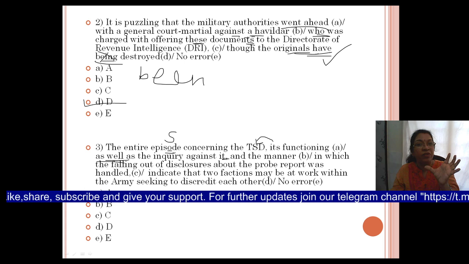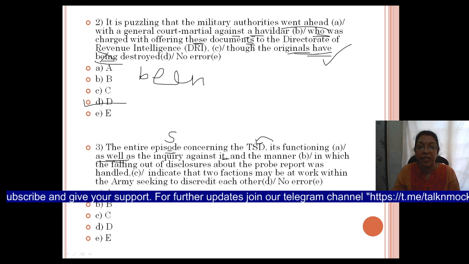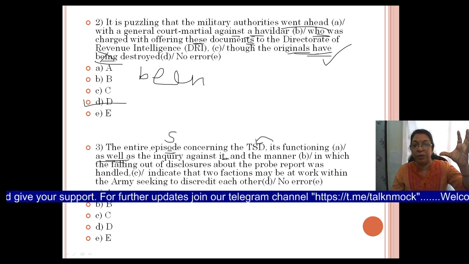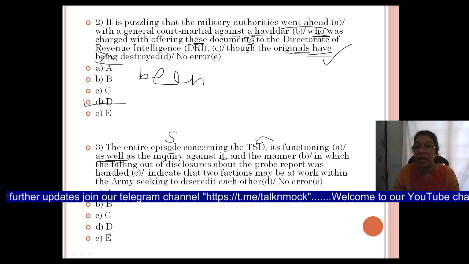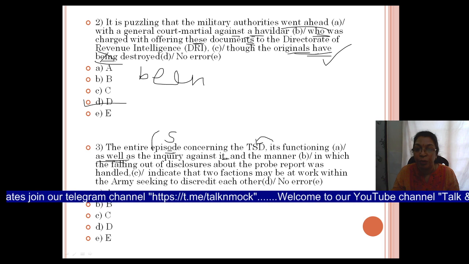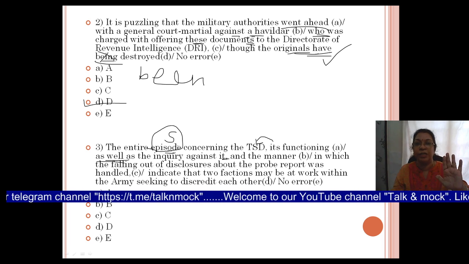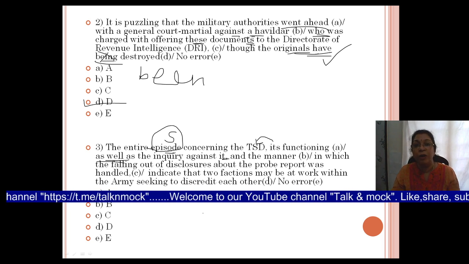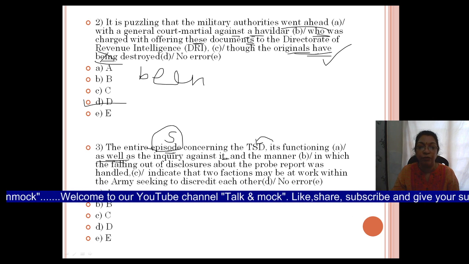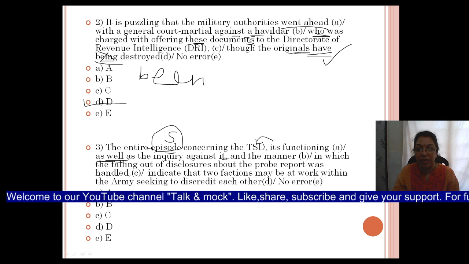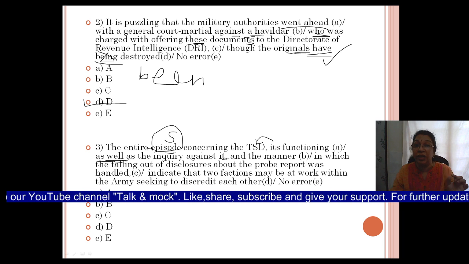As well as: whenever the subject is connected, see, this is the subject, the entire episode, connected with as well as. Whenever you have as well as, the first subject remains singular. You need to remember or put it in a side rough column whenever you're working for the exam. Inquiry against it and the manner. See, now they are connecting.